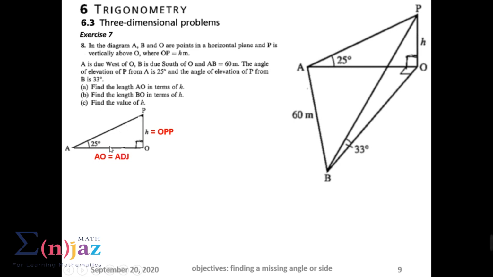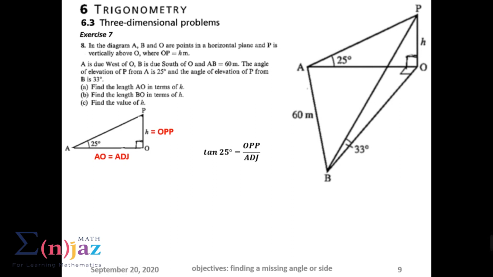Now, in order to find AO, we need to use the tan rule, the tan of 25. So tan of 25 degrees is equal to opposite over adjacent. Let me remind you a little bit. Sine of 25 is opposite over hypotenuse.